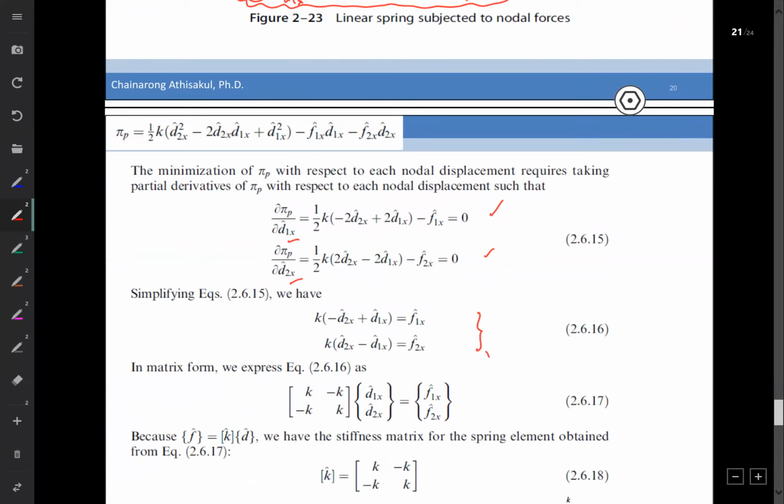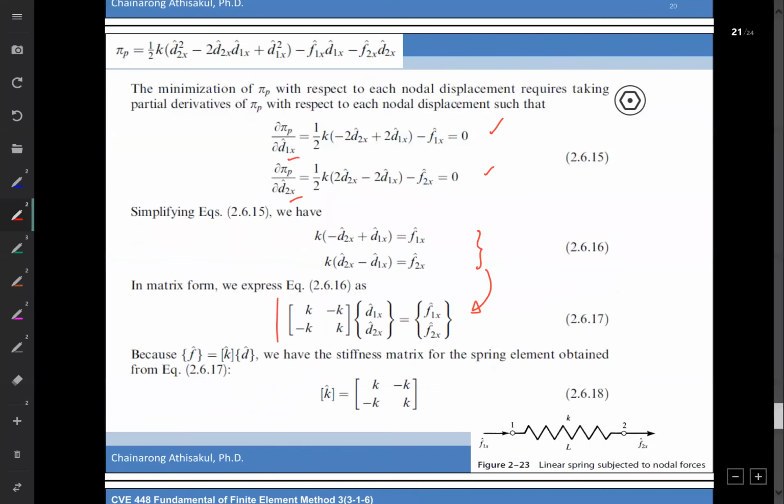Okay, and after that, we write it in the term of matrix, and we find that we obtain the stiffness matrix that is the same as the direct equilibrium method that we already know from before.